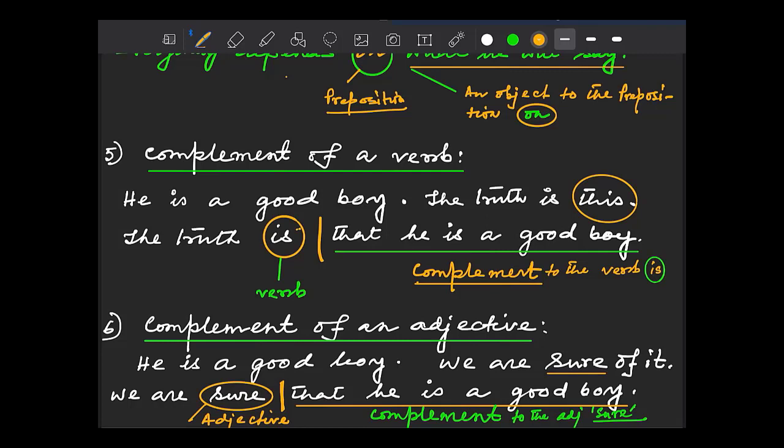So we are sure. Sure of what? The next sentence is completing the sense, that he is a good boy. So this is completing the sense of the adjective sure. For this it is called a complement to the adjective sure. Okay, so we are sure that he is a good boy.